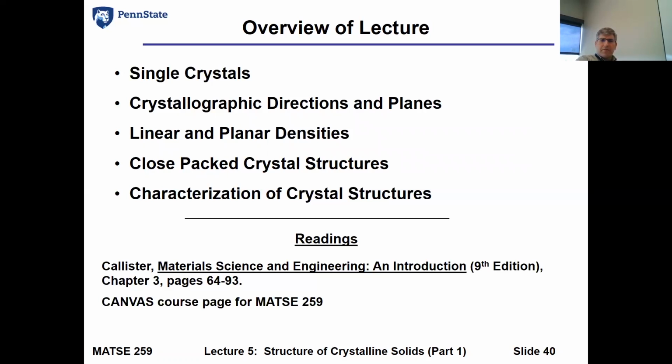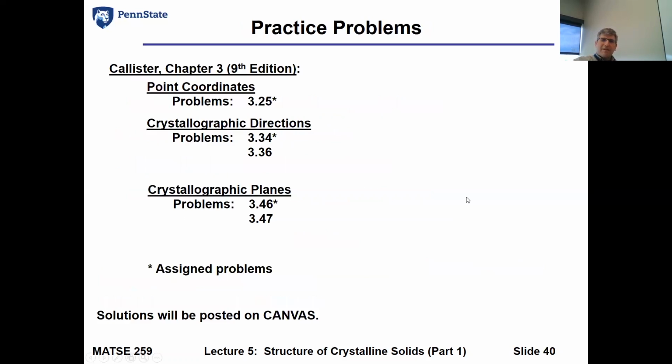If we remember from our last lecture talking about the unit cells, the close packed systems are the FCC systems and the HCP crystal structures. And we're going to see how, if we think about them in 3 dimensions, and think of the atoms as hard spheres, how easily they can pack together. And we'll hit upon characterization of crystal structures, but typically a little earlier in the lecture than it shows there.